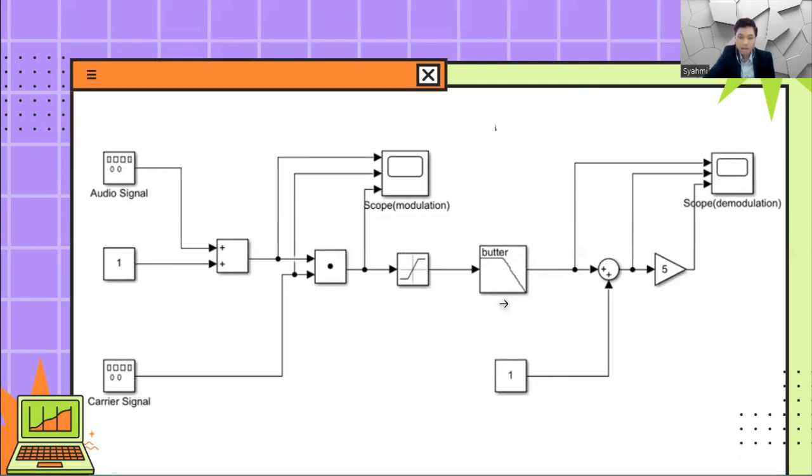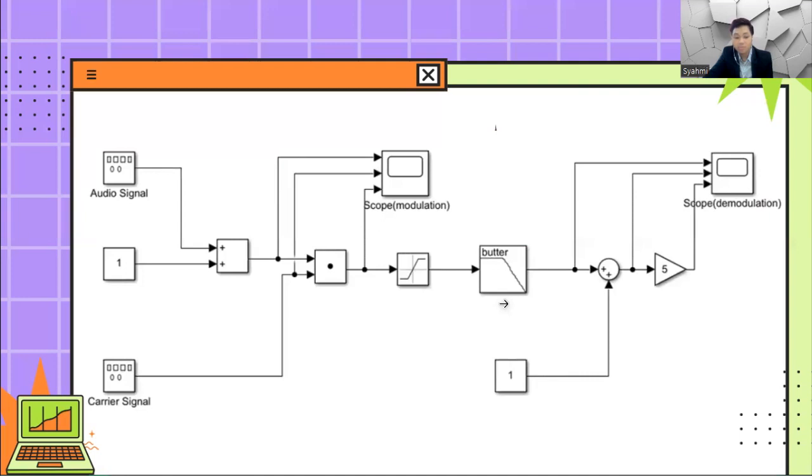This is an important component in this design because the low pass filter in the demodulator plays a vital role in recovering the original message signal and eliminating unwanted components. After demodulation, the DSB-SC signal still contains high frequency components resulting from the multiplication process.